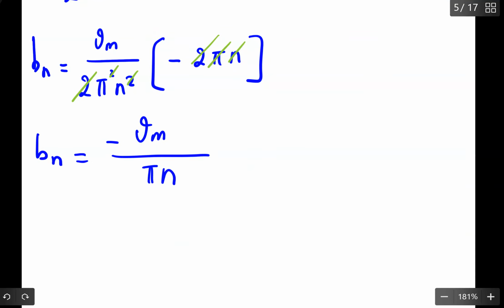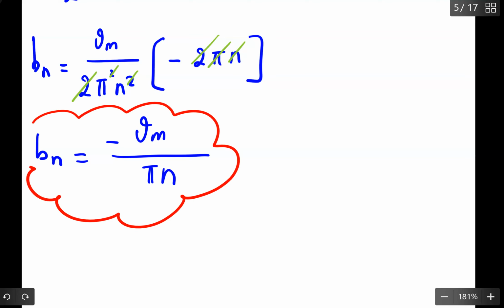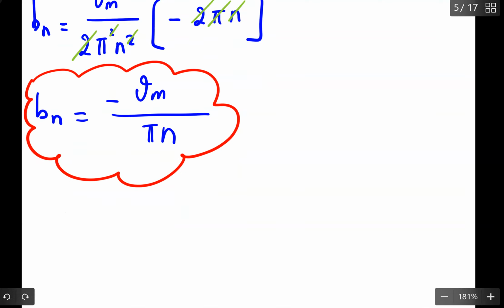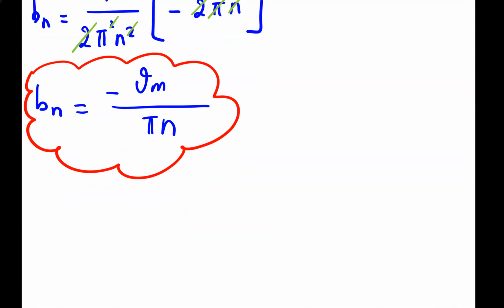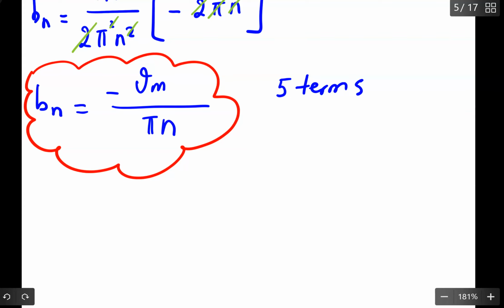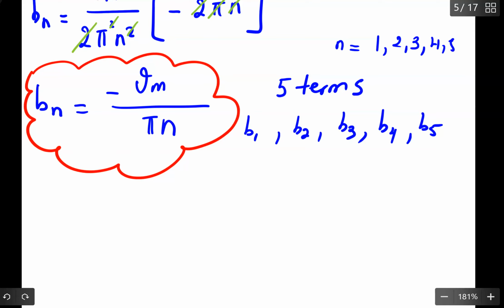Okay, so this is the Bn as unspecified. So in this case, if you want to find 5 terms for this Fourier series, then you have to have B1, B2, B3, B4, B5, and n will be 1, 2, 3, 4, 5.